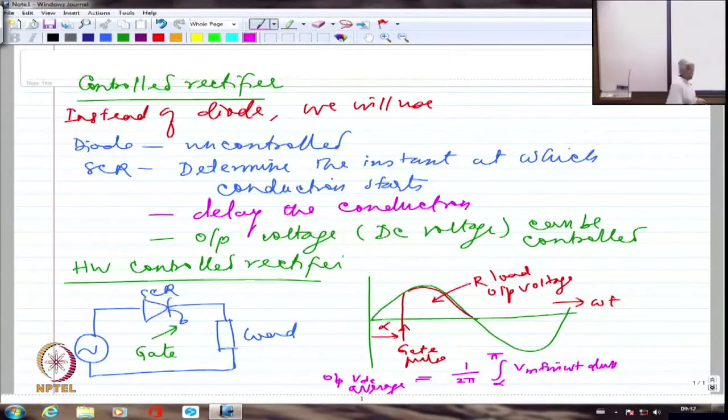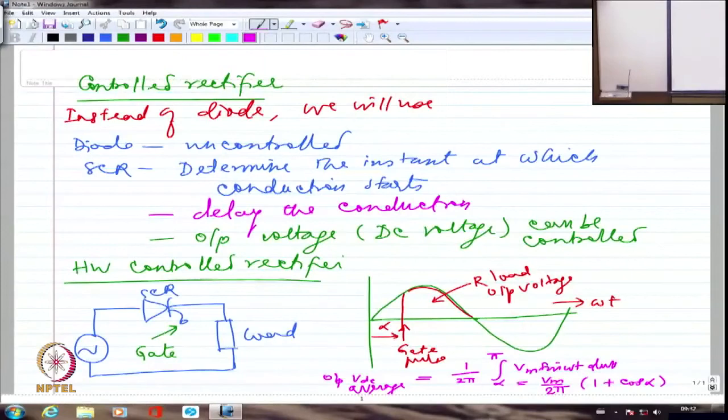This is the average DC output. Right? So if I write the expression for this, it will become Vm by 2 pi, of course, and I will have cos alpha minus cos pi. So I'm going to have 1 plus cos alpha. So I'm going to have this as the output voltage.